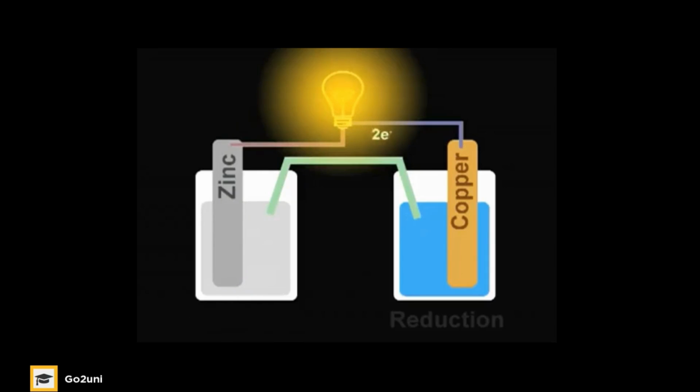So hence, the bulb will tend to come on. So in the case of the electrochemical cell as displayed on the screen, the zinc rod or zinc metal loses 2 electrons, and these 2 electrons are received by the copper metal, and that process continues on and on, thus leading to the generation of electricity.